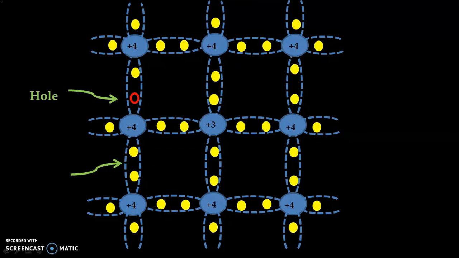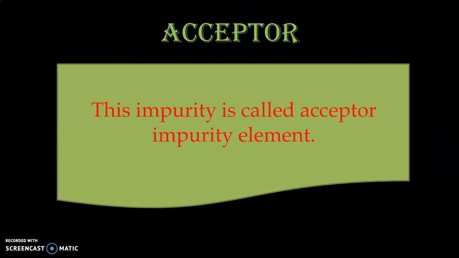So in P-type semiconductor material, this way holes are generated, holes are charge carriers, and the gallium atom, with negative charge, becomes immobile. This impurity is called acceptor impurity element because they are accepting the electrons from the neighboring silicon atoms.